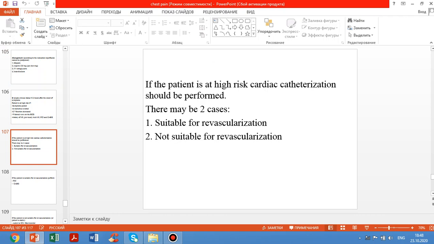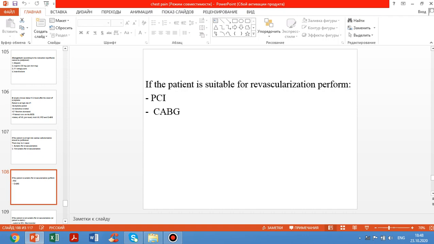There may be two cases: suitable for revascularization or not suitable for revascularization. If the patient is suitable for revascularization, you can manage with PCI, percutaneous intervention, and coronary artery bypass grafting.